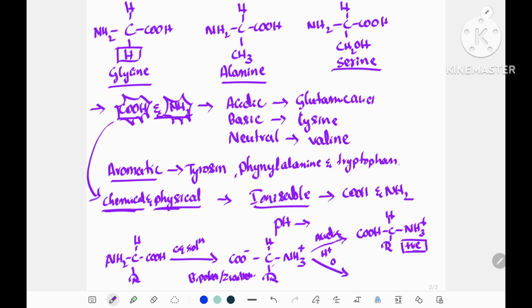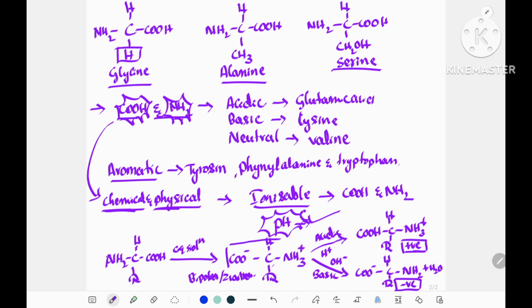The same if it is placed in basic solution where OH minus ions are more, then the amino acid will get COO minus, C, H, R, and here NH2 again with the release of a water molecule, and now this has got a net negative charge. So which means the ionization property is purely based on the carboxyl group and amino group, and mainly on the pH of the surrounding environment where they are present.